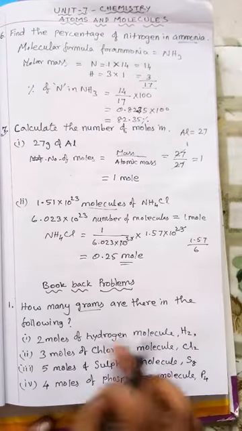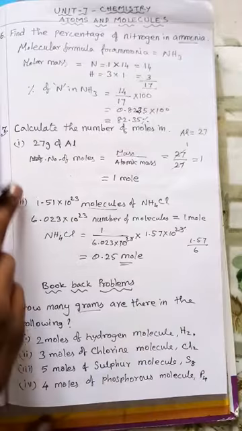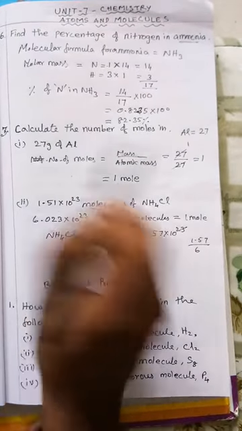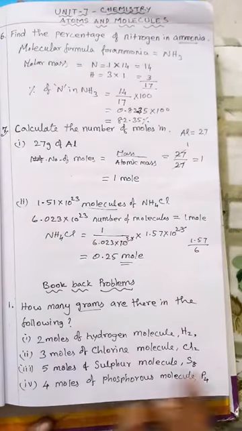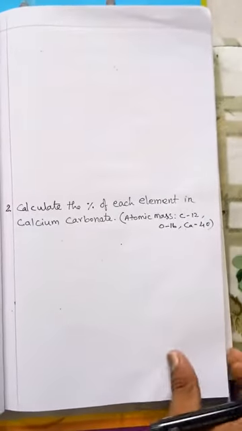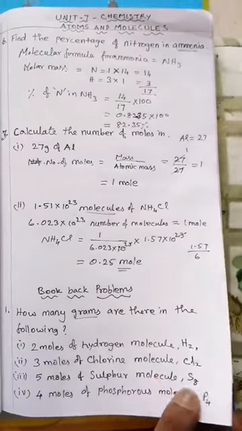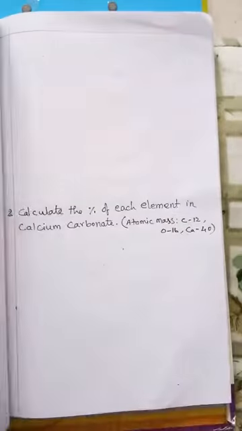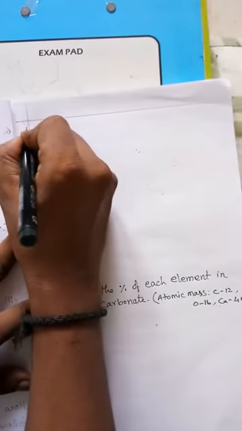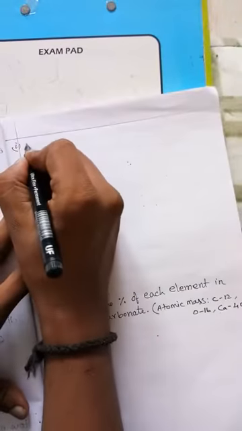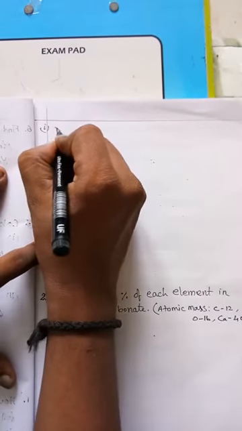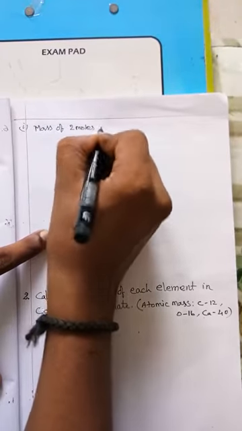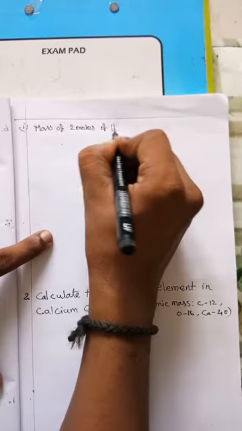How many grams? 2 moles of hydrogen means how many grams? Here grams for 1 mole is given, so you have to calculate in reverse. First question, take 2 moles of hydrogen. We want to find the mass of 2 moles of hydrogen.